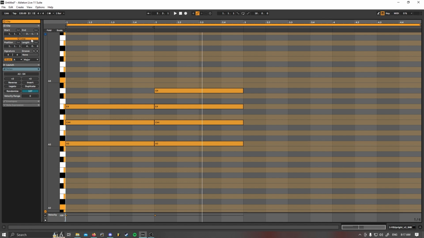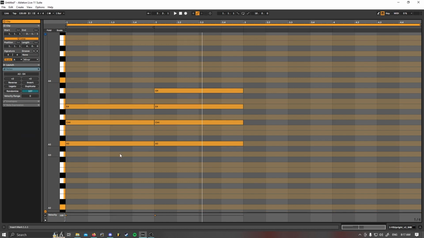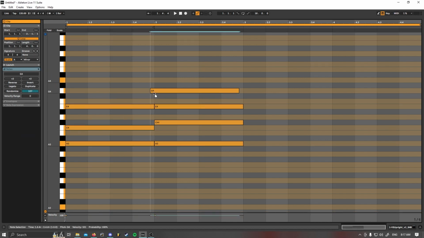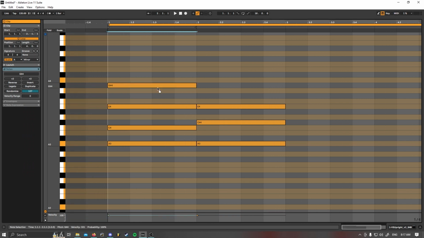As a bonus, I can show you the James Bond chord, if you will, which is called a minor major 7th chord.